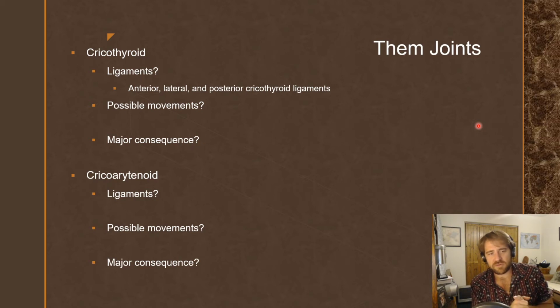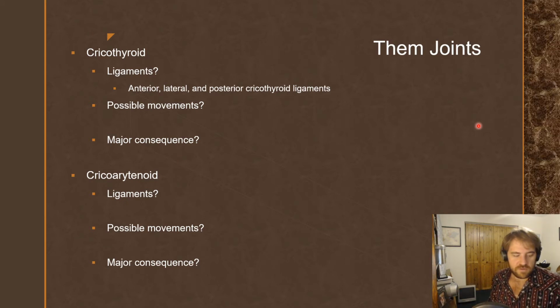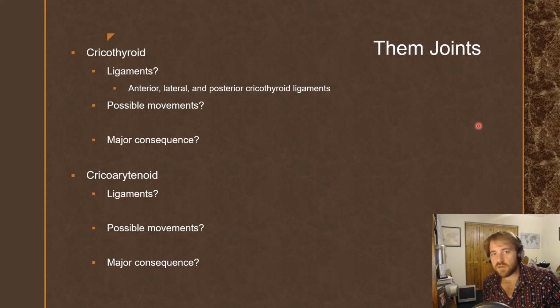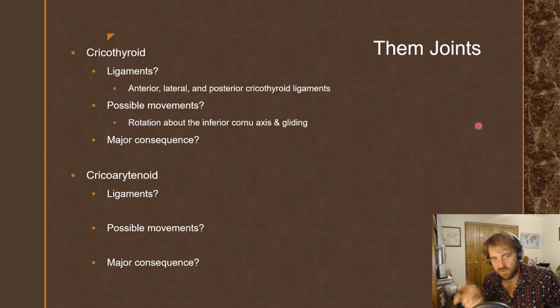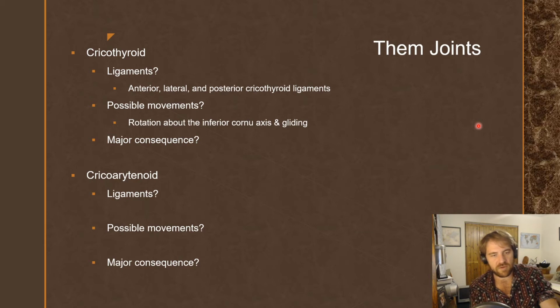That's the lateral ligament. What possible movements are there for the cricothyroid joint? Well, there's one obvious one, which is rotating around that joint: rotation about the inferior cornu axis, but also gliding is another movement that can happen on that joint.